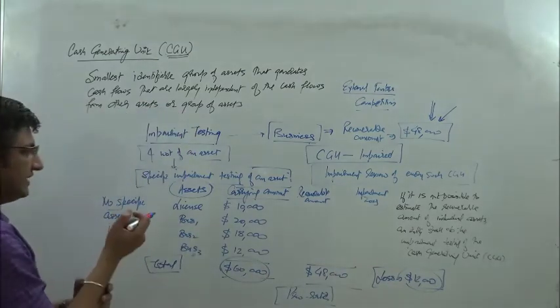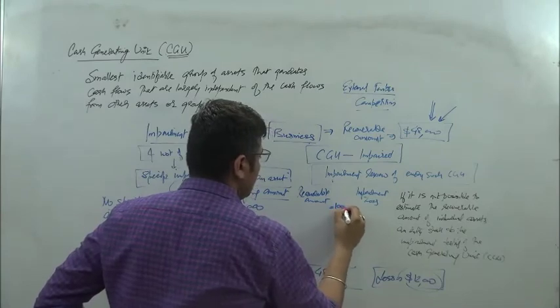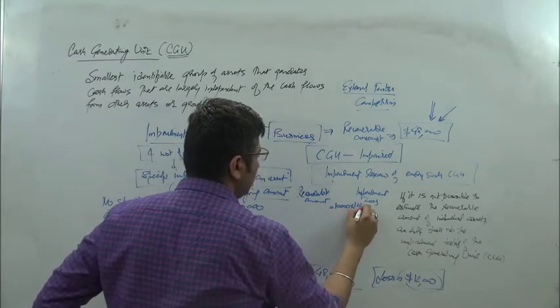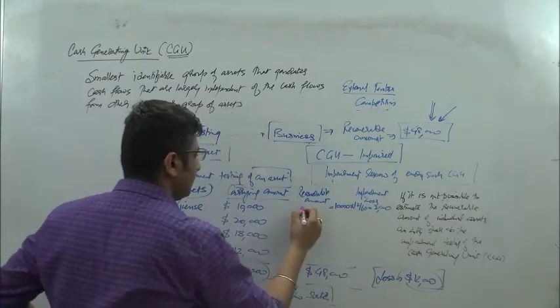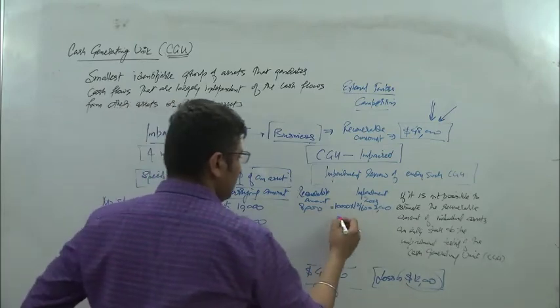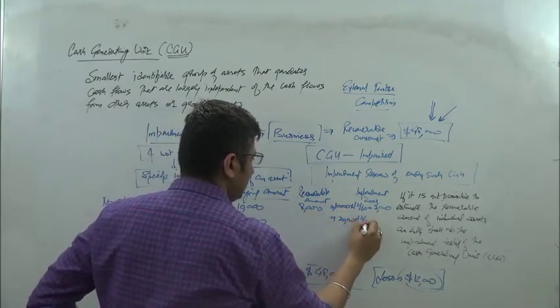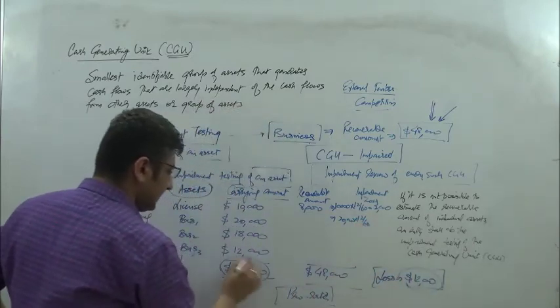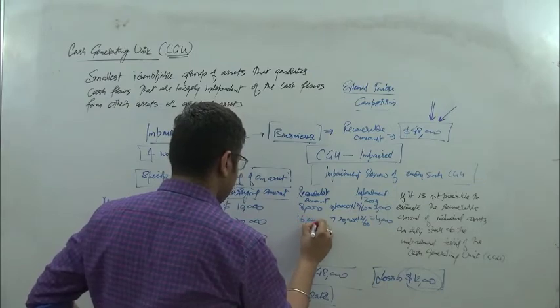So this becomes 10,000 into 12 by 60, which is 2,000, which means that my recoverable amount is 10 minus 2, which is 8. This is of course 20,000 into 12 by 60. This is 4,000. Recoverable amount is 16.